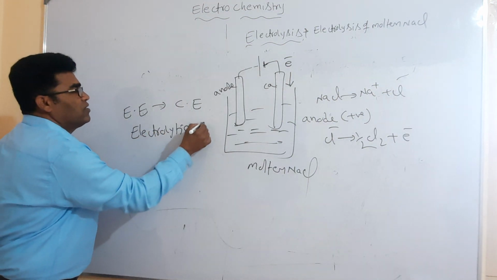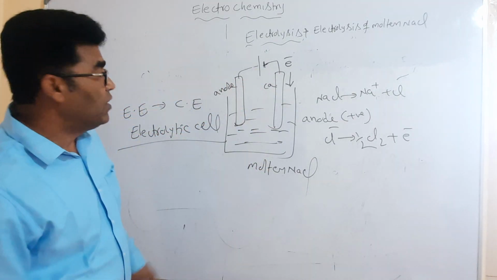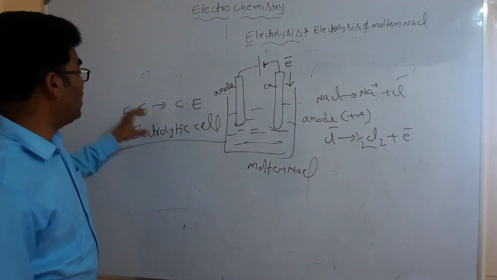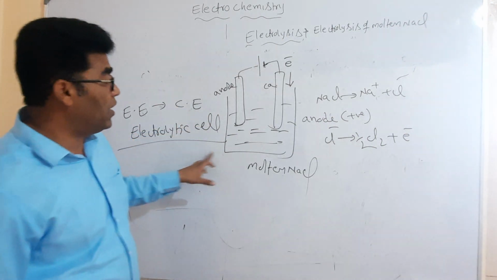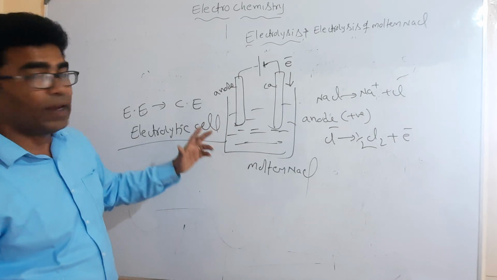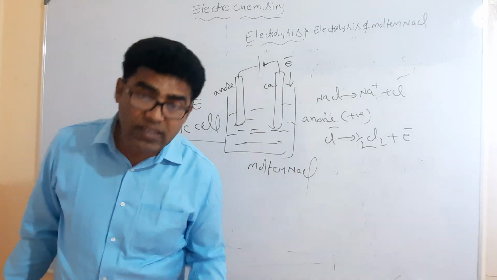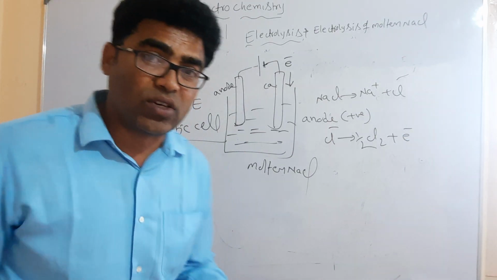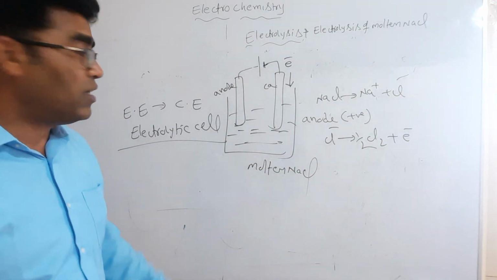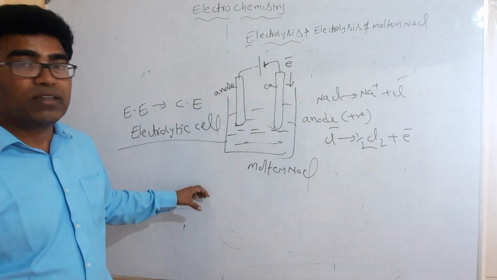Electrolytic cell: in an electrolytic cell, electrical energy is converted into chemical energy. The definition: the cells which convert electrical energy into chemical energy are called electrolytic cells.